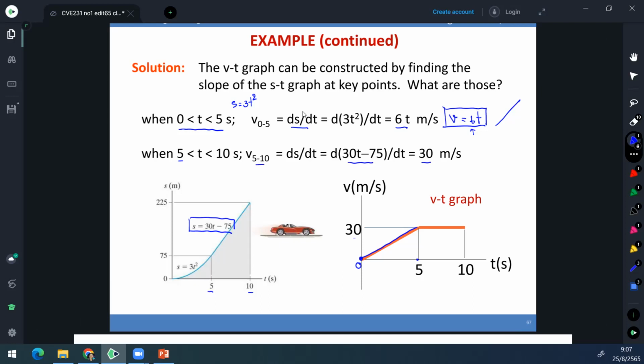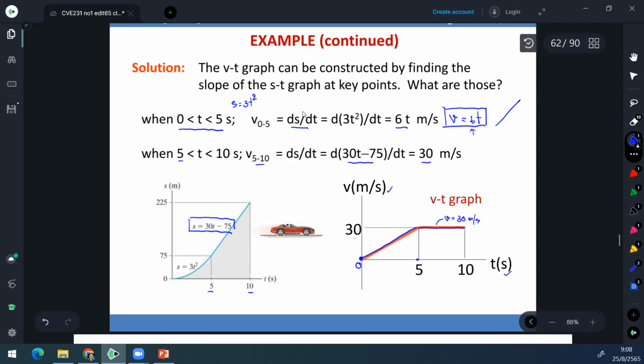It means that from time equal to 5 to 10 seconds, velocity becomes constant, equal to 30 meters per second. Now we have completed the v-t graph.